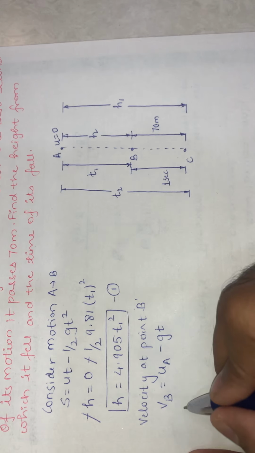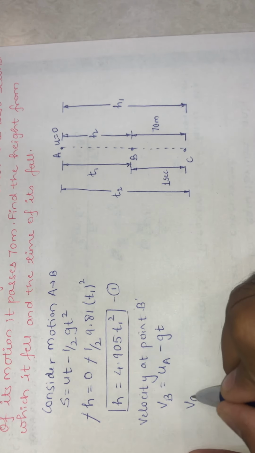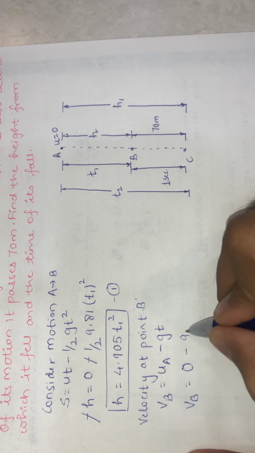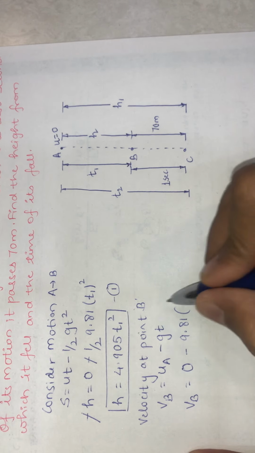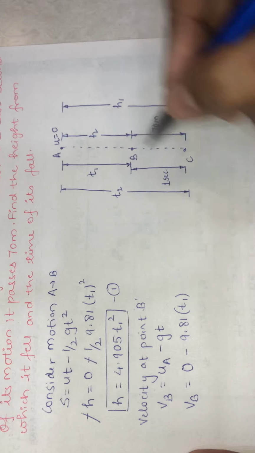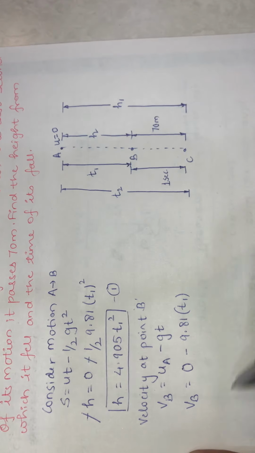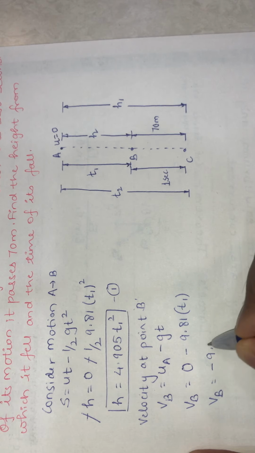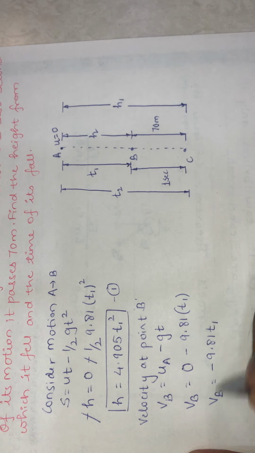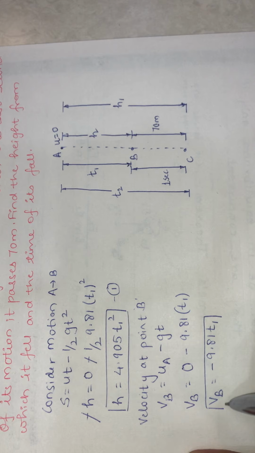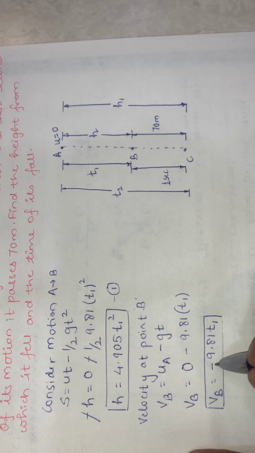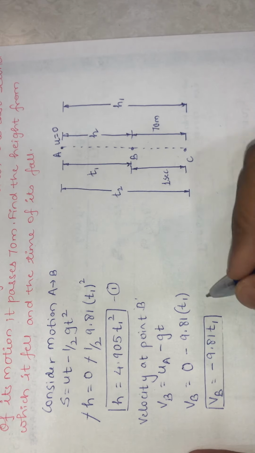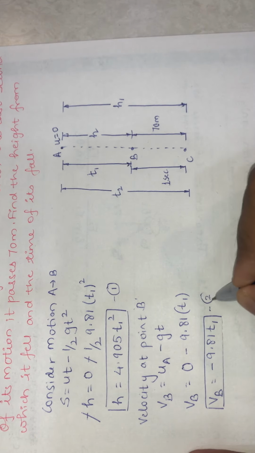Here VB equals UA which is 0 minus 9.81 and the time taken is t1. So VB equals negative 9.81 t1. As you already know, the negative sign implies that VB is going in the downward direction. Let's take this equation as 2.